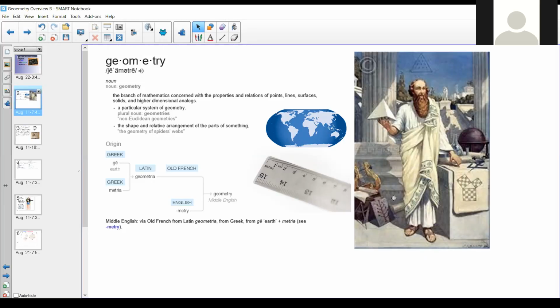Pythagoras actually lived before Euclid, but he captured a lot of geometric principles and properties, and kind of formalized it as a study, as a branch of mathematics. But the Egyptians were building pyramids. Noah was building an ark. So math was used way before it was formalized. Okay, so that's a little bit about geometry.